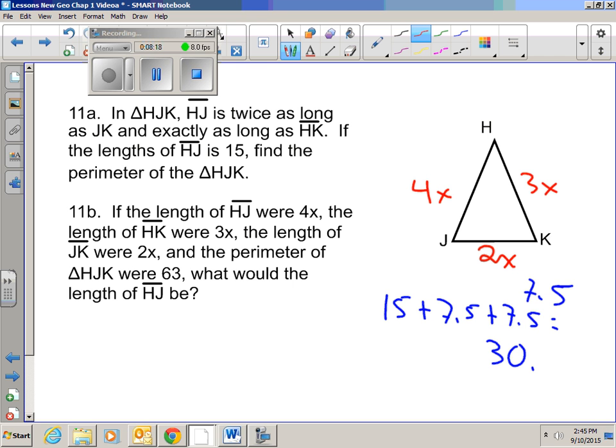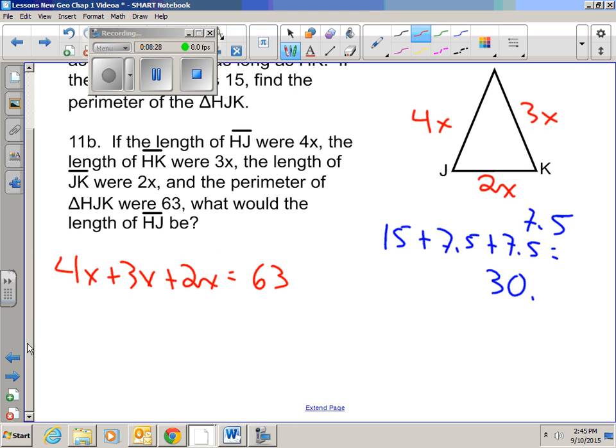How long is HJ? Well, now I know that 4x plus 3x plus 2x is equal to 63. Let's do some algebra. 9x is equal to 63. Divide by 9, divide by 9. x must be 7. Well, if x is 7, HJ is going to be 4 times 7, which is 28.